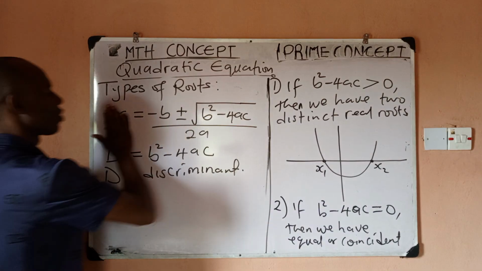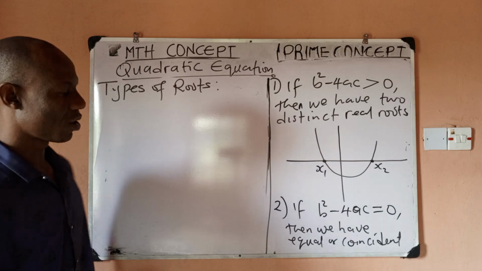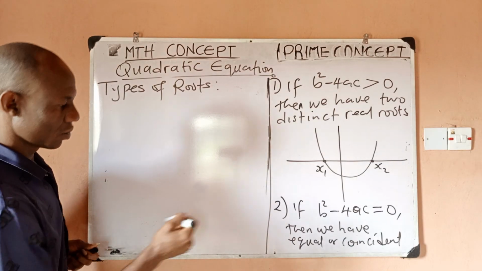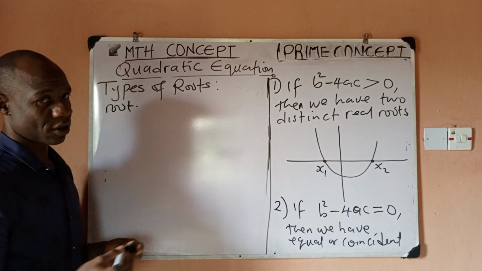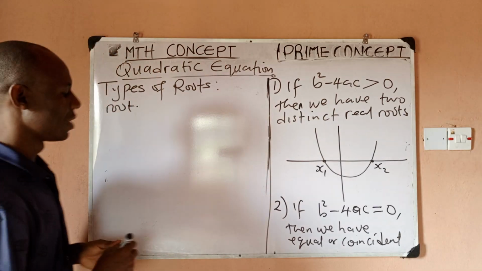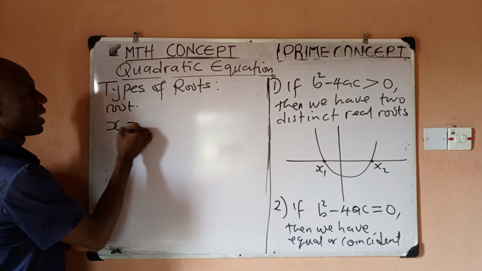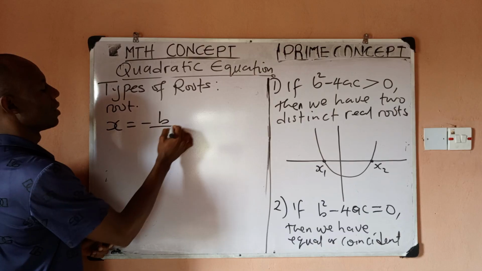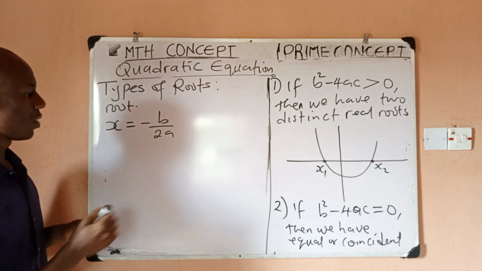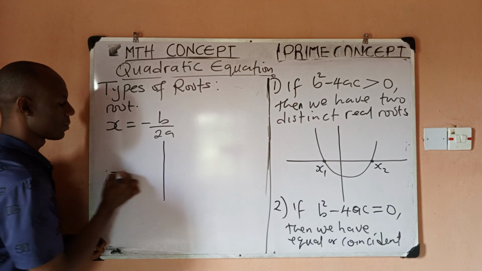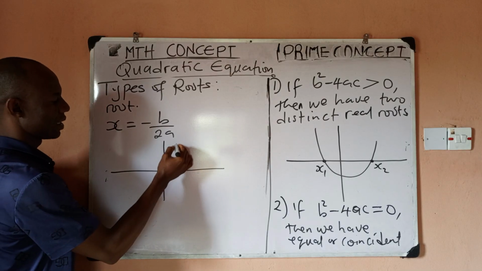Real, of course, but equal or coincident. And that root is given as x equals minus b over 2a. This is what the root is going to be. Now, when you plot the graph, this is how it should look. You would have it at just one point, something like this.